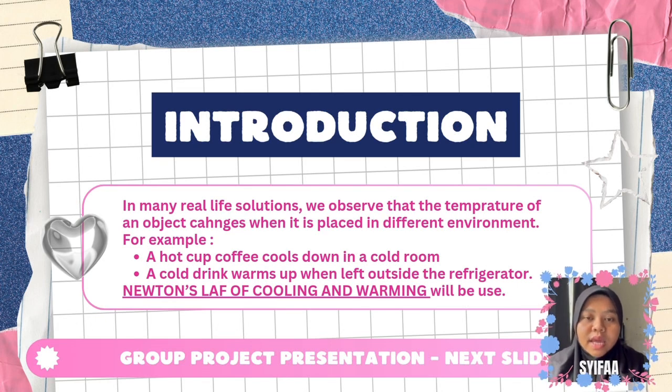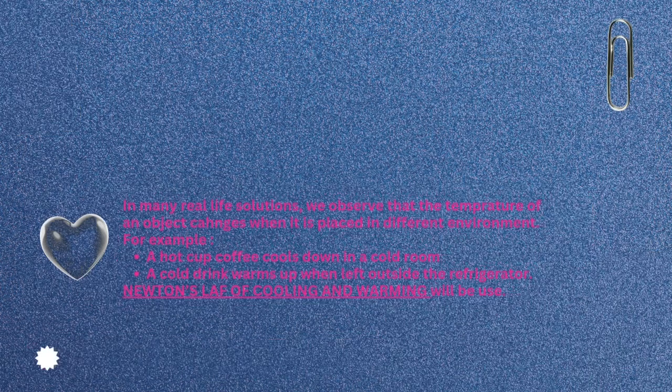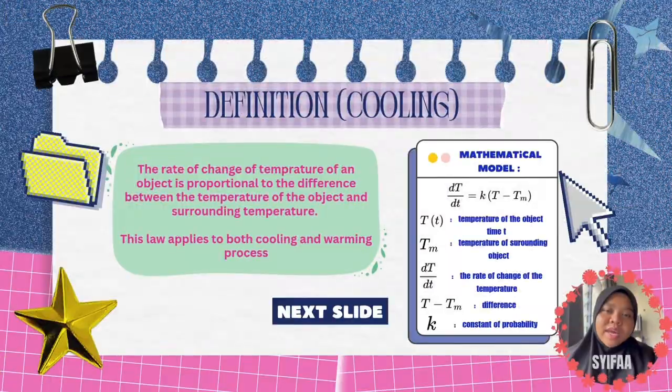To understand and predict this behavior, scientists use Newton's law of cooling or warming. This law helps us calculate how fast an object's temperature approaches the temperature of its surrounding. Now, let's look at the definition of Newton's law of cooling.